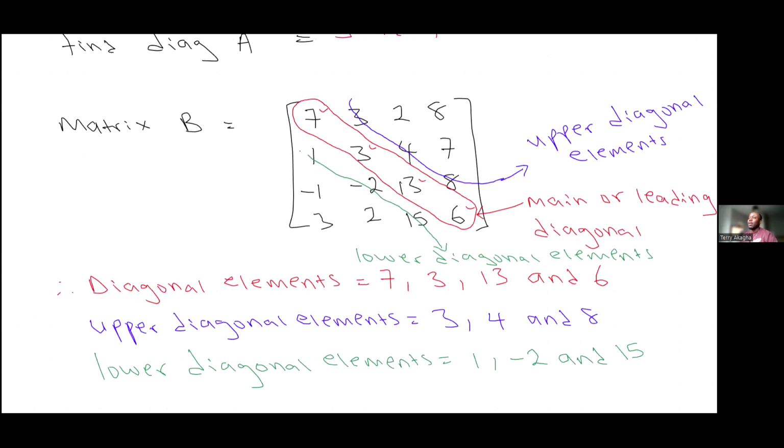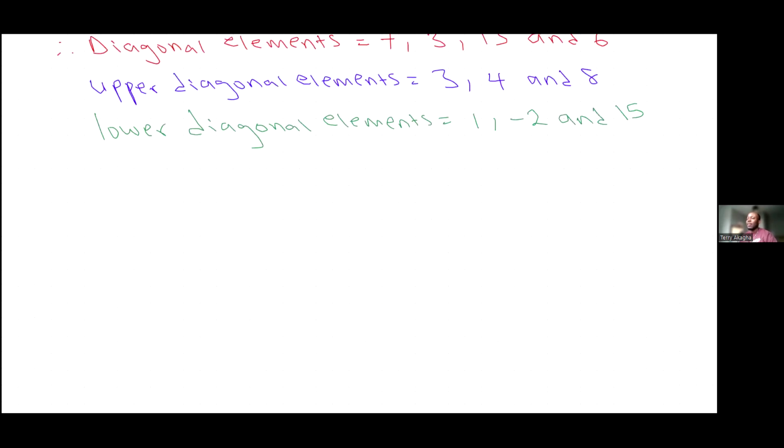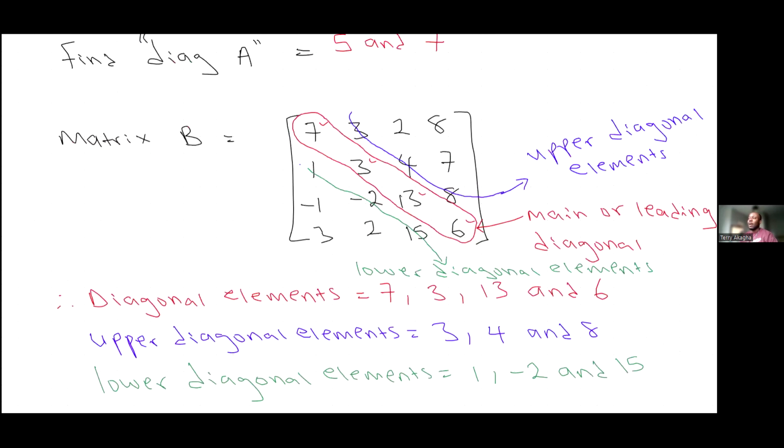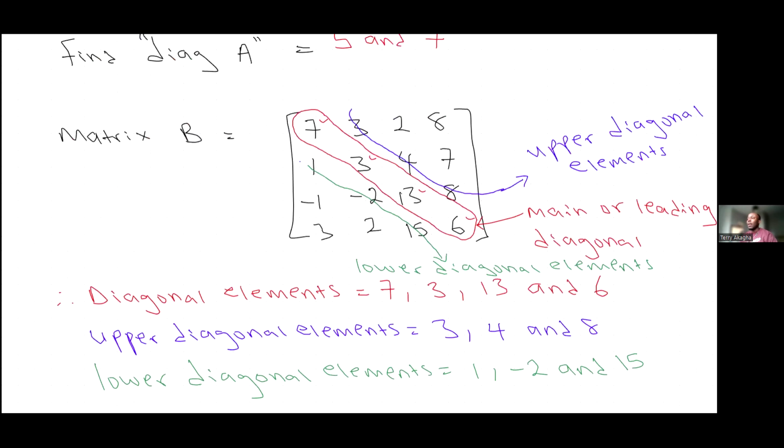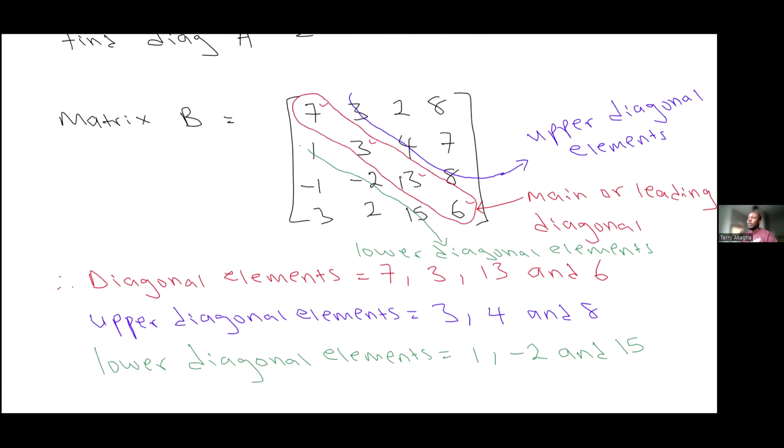So now we can define both of them. The upper diagonal elements are the diagonal above the main diagonal, and the lower diagonal elements are the diagonal below the main diagonal.